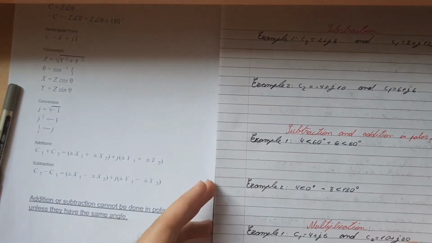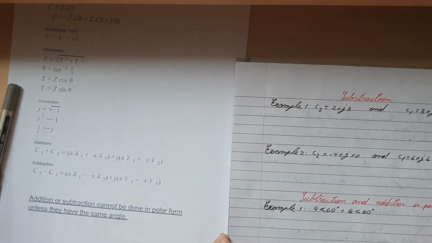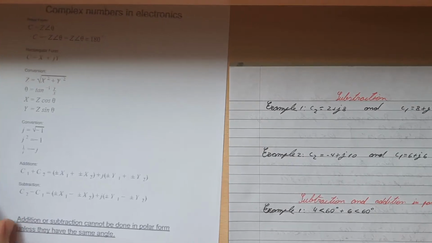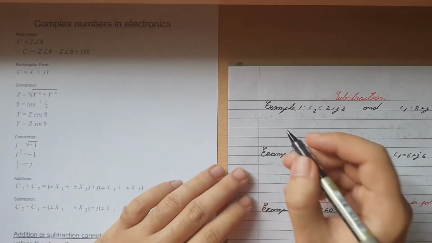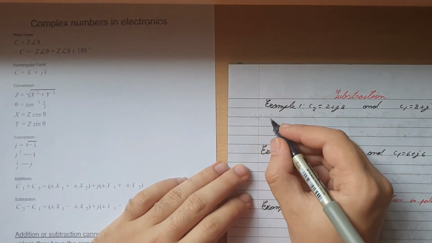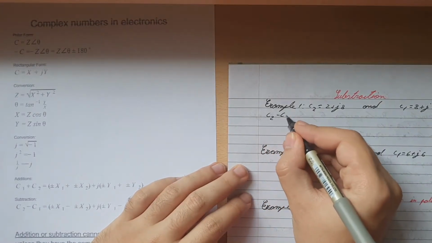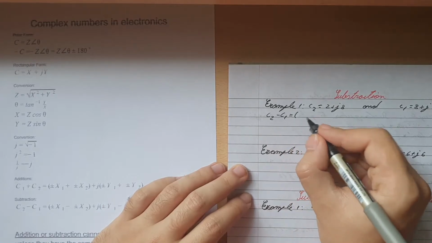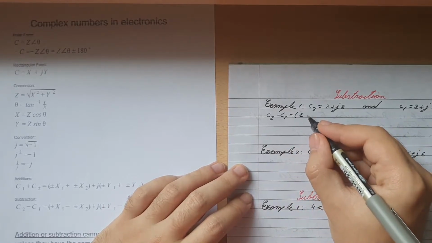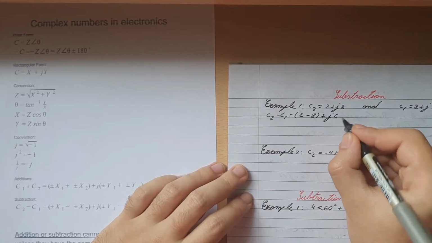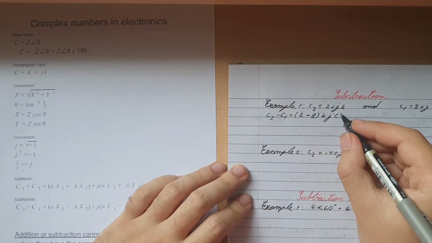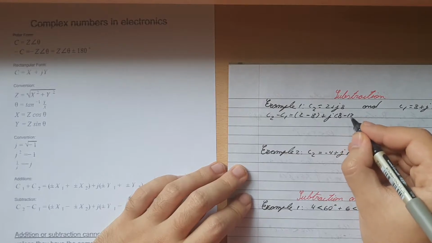Now let's go to subtraction. Let me just put it a bit lower. There you go. So yeah, we can do c2 minus c1. So c2 minus c1 will be equal to, again we pick up the real numbers, which is 2 minus 8 plus j, and in j it's 8 minus 12.